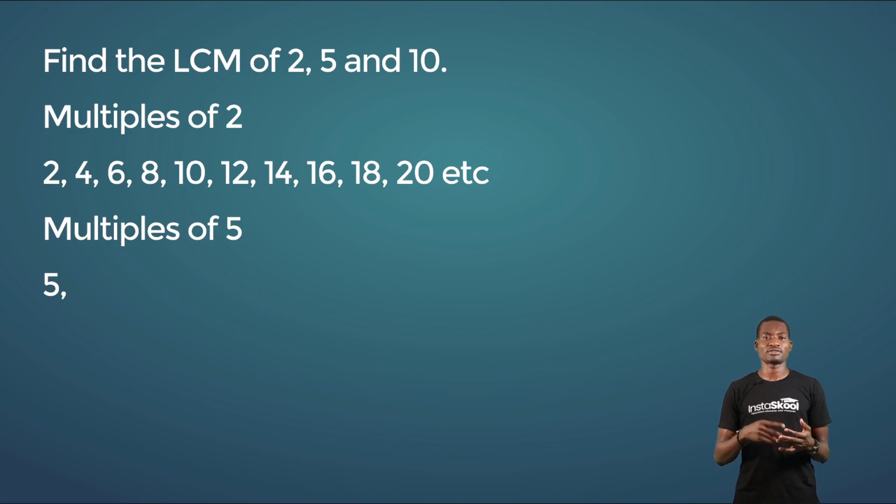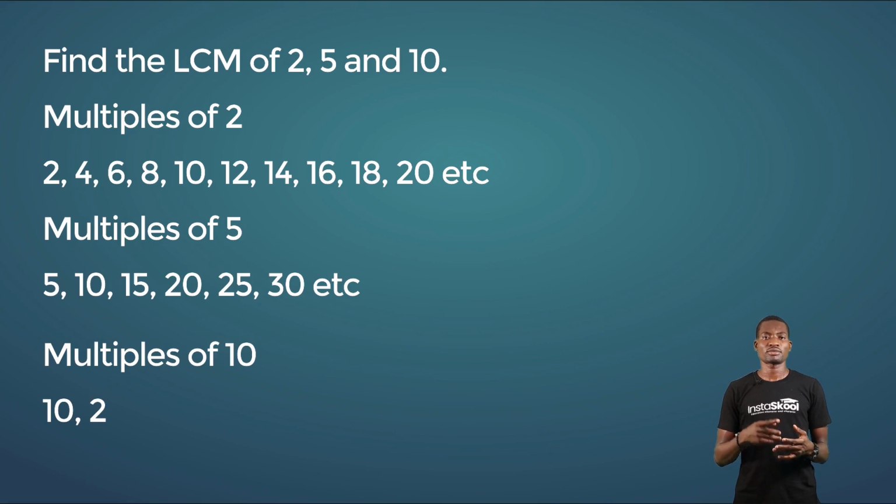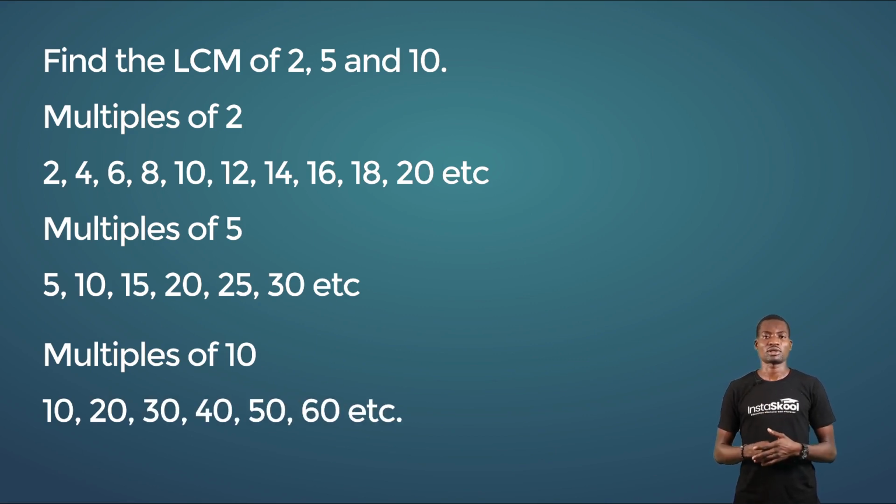That gives us 5, 10, 15, 20, 25, 30. Let us stop there. And then we consider all the multiples of 10. That gives us 10, 20, 30, 40, 50, 60. Let us stop there. Now you will notice that in all these multiples, the most common one, and the least, is 10. So the LCM of 2, 5, and 10 gives us 10.